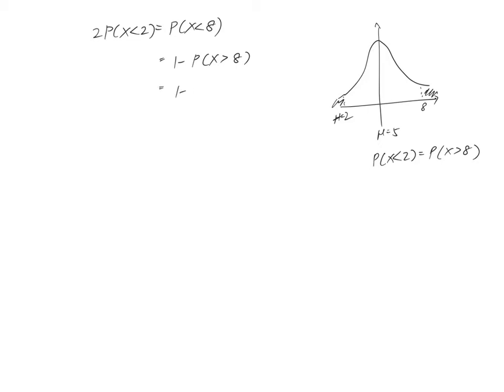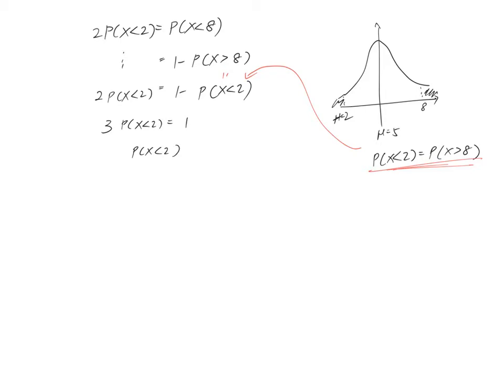This can also be written as 1 minus the probability of X less than 2, because we are using this equality and substituting it here. With that, this is 2 times the probability of X less than 2, which means the probability of X less than 2 is equal to 1/3.